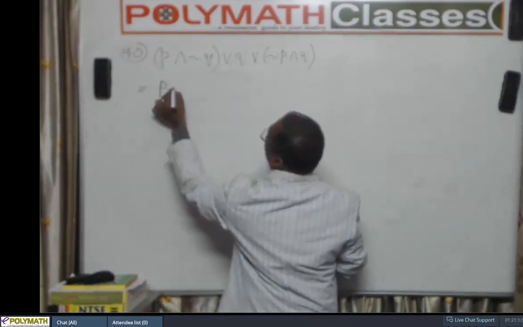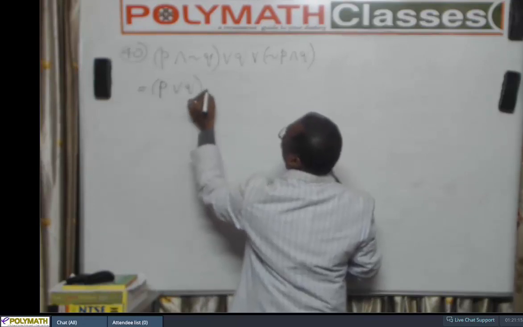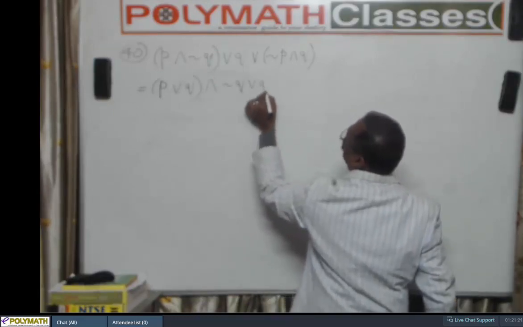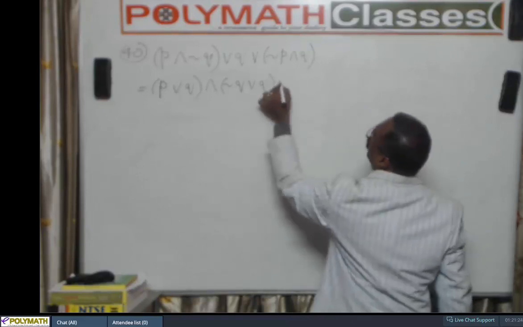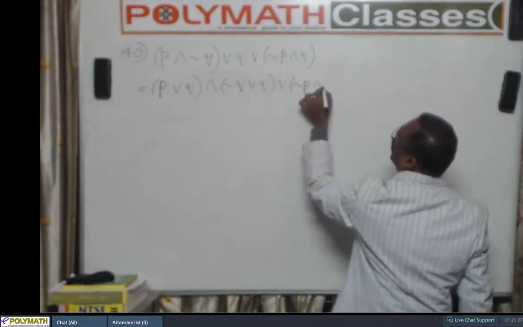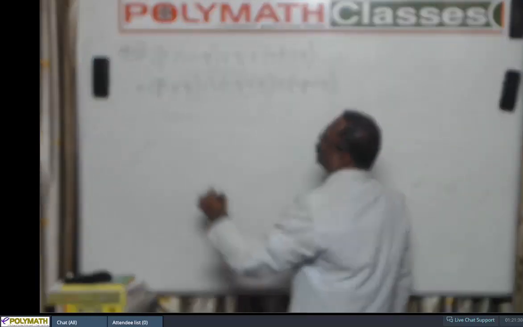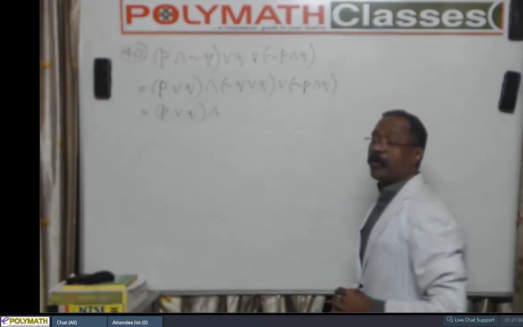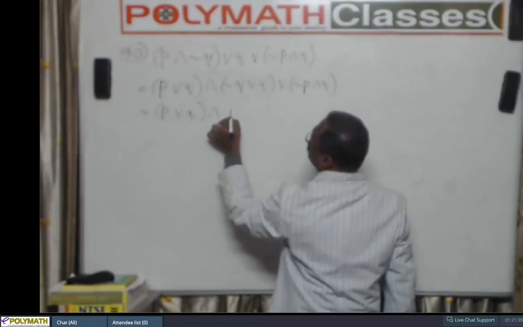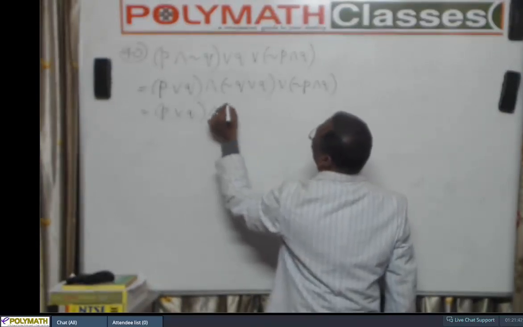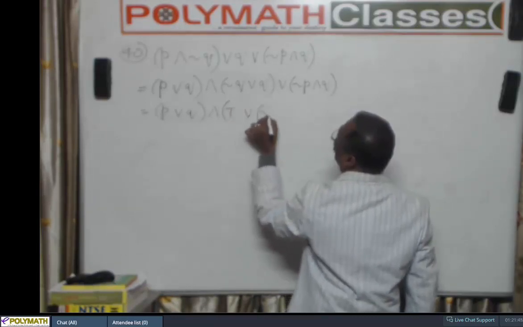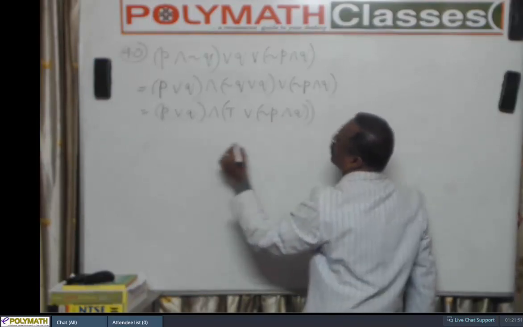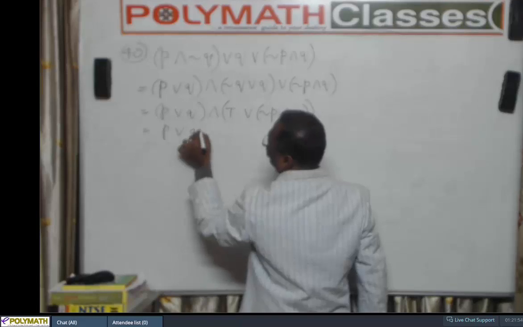P or Q, and this is negation Q or Q, or negation P and Q. So P or Q and negation Q or Q is true, or negation P and Q, which is also true here.